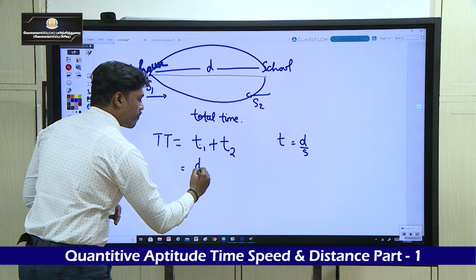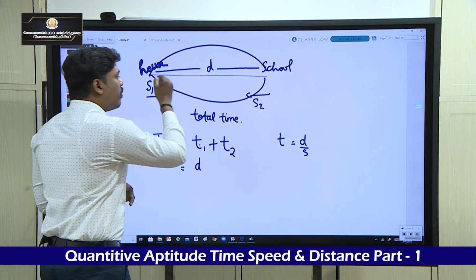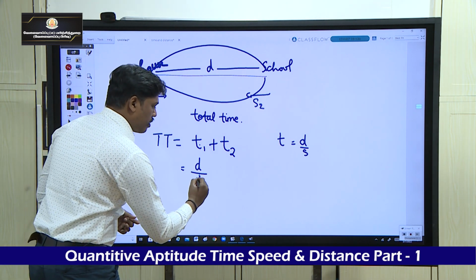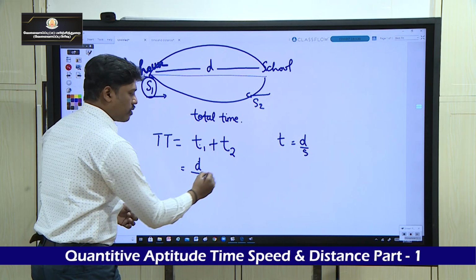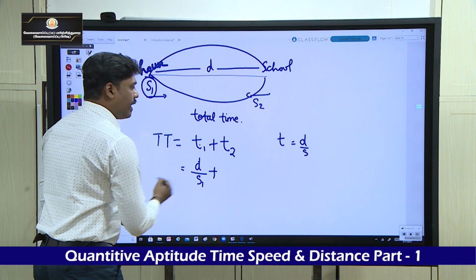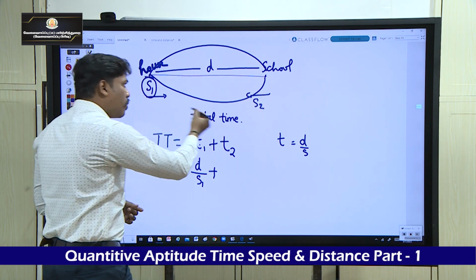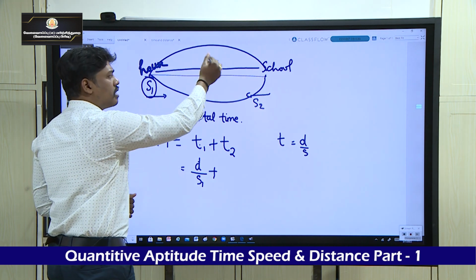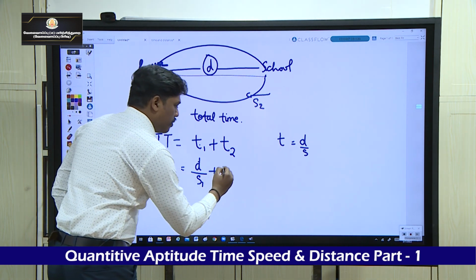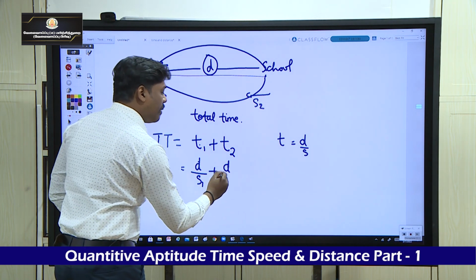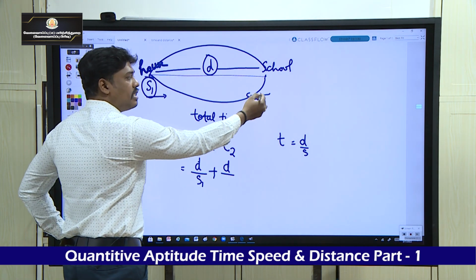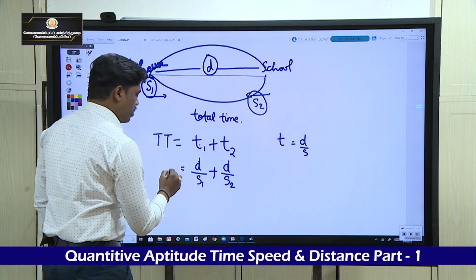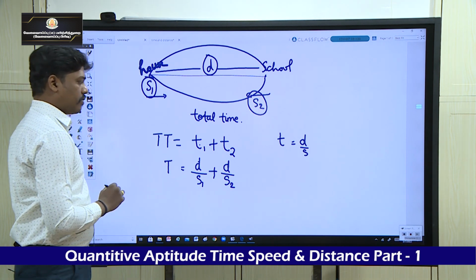It is D. He is moving at speed S1, so T1 is D by S1. Next, T2 is the time taken from school to reach his house. Again the distance is the same, D, and he is coming at a speed of S2. This is the total time taken, T.